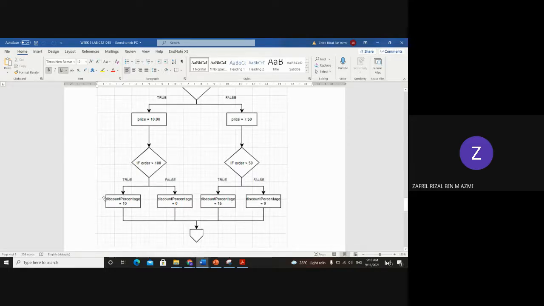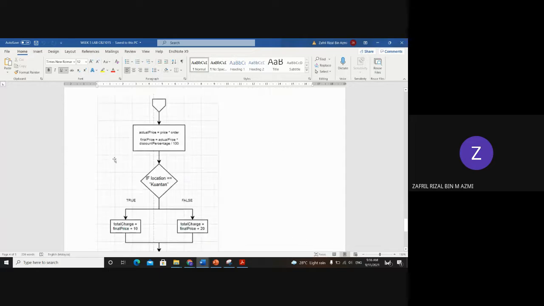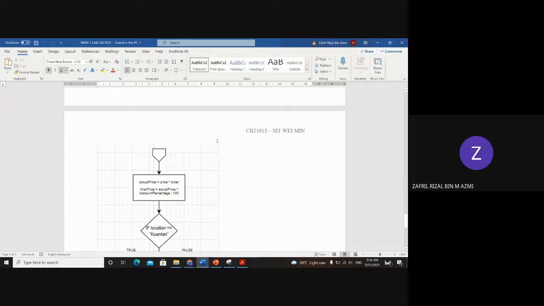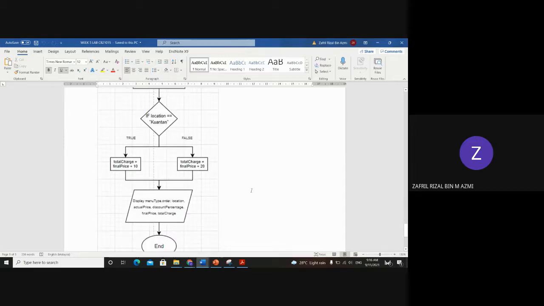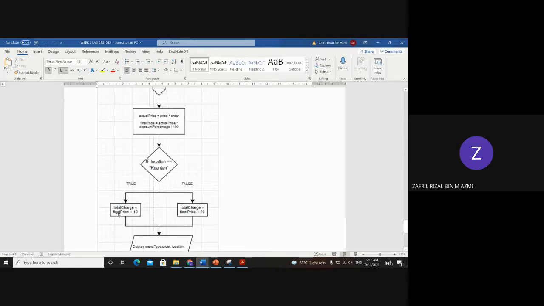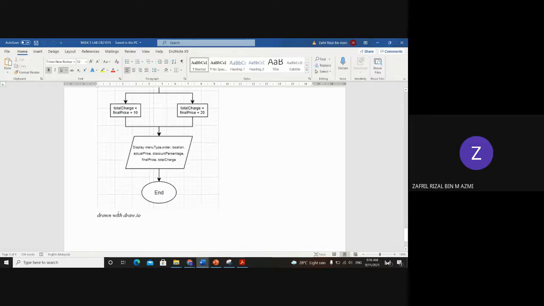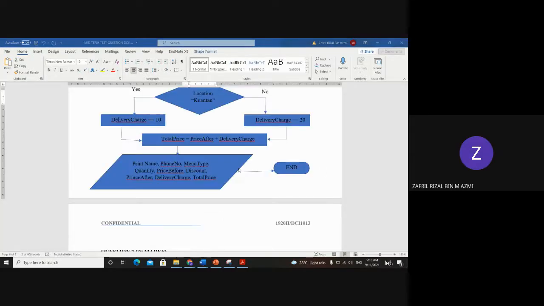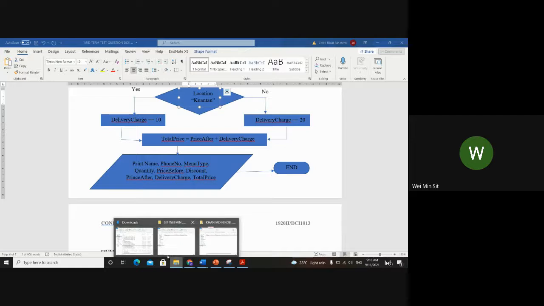This is discount, and then you do the calculation. I prefer something like this, but this one needs to be separated. Use a different symbol for each of the equations. Okay, final price. Alright, good. Thank you.